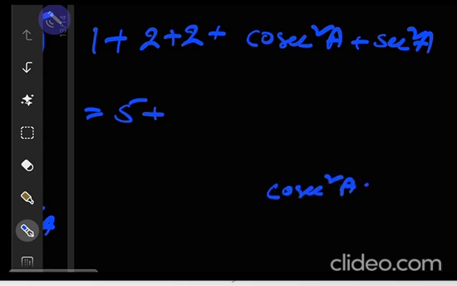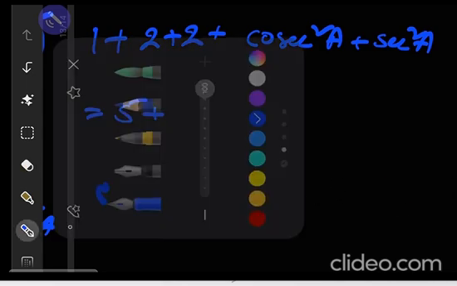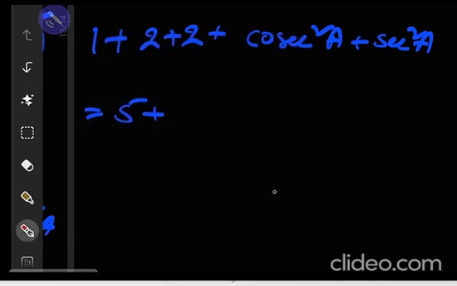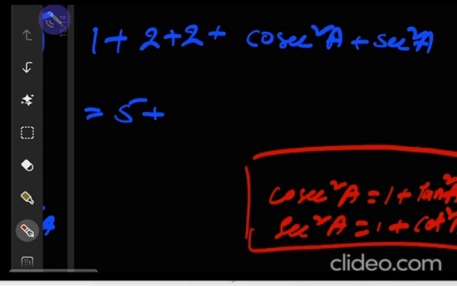Cosecant square A is equal to 1 plus cot square A, and secant square A is equal to 1 plus tan square A. These two I will use here.